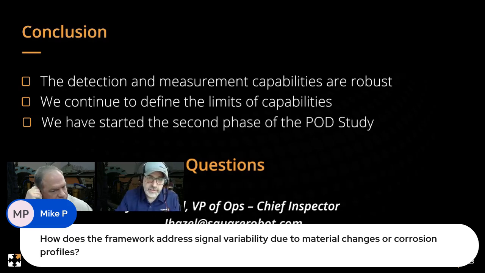Now, how that creates signal variability and material changes, generally, we don't see too much of a material change in the bottom. If there is rust or scale, that will attenuate our signal. As the sound travels through that rust or scale and then tries to go through the steel, we will lose signal. So that goes into part of the brush working and getting rid of all of that.